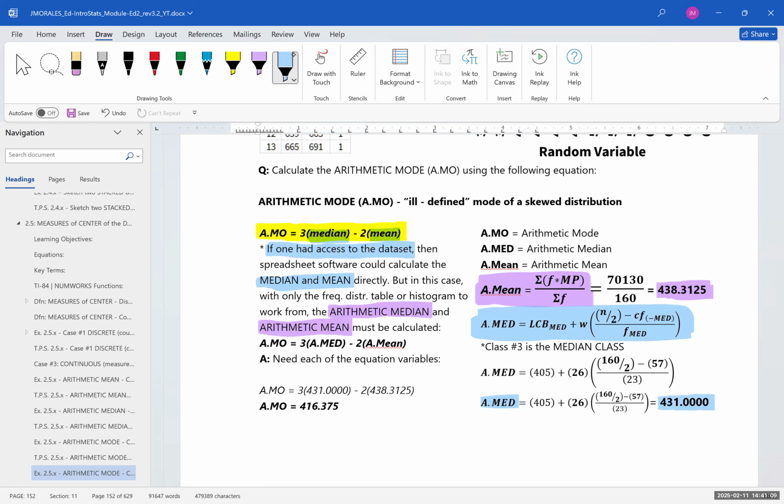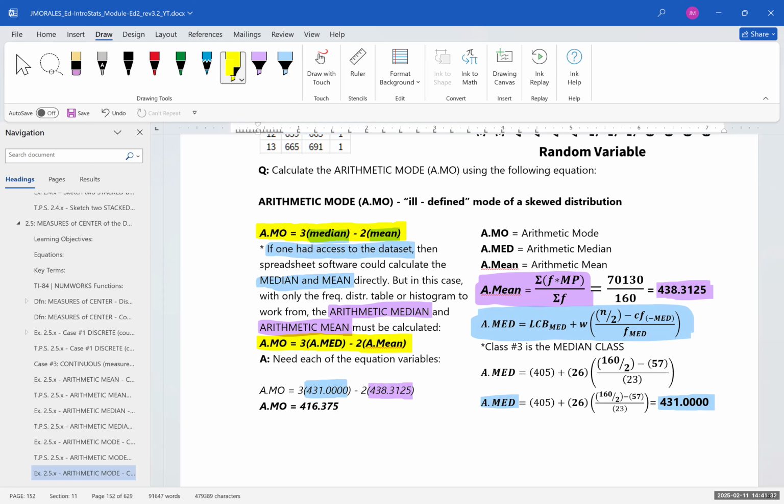And so to calculate the arithmetic mode, it's just 3 times the arithmetic median minus 2 times the arithmetic mean. The arithmetic median was 431, and the arithmetic mean was 438.3125.